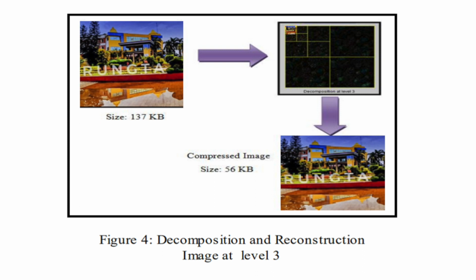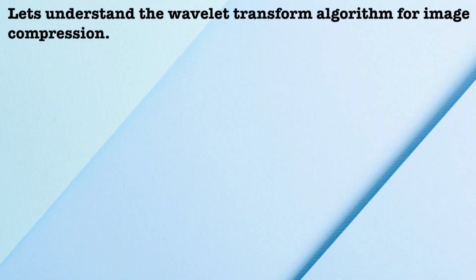From the previous, the quality of the original image is the same without degrading any image pixel, and there is no information loss in this image compression. Even though the quality of the images is similar, it reduces the size of the image so that it can be transmitted efficiently. Let's understand the wavelet transform algorithm for image compression.